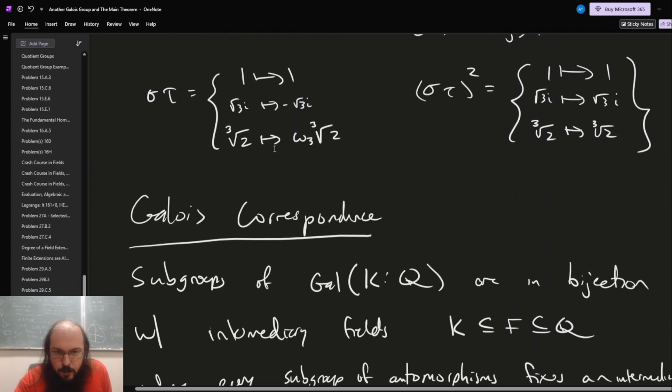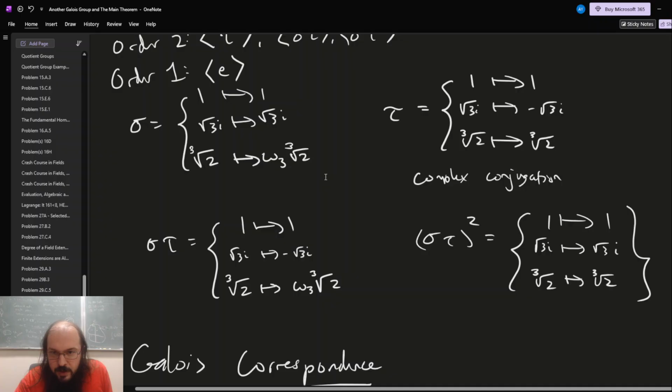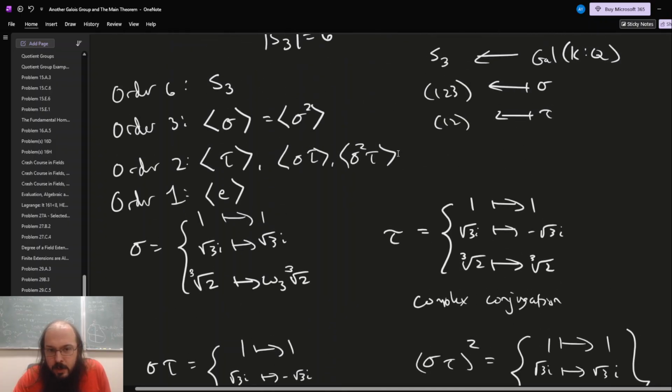So in other words, for each of these subgroups, there is a field of things that they fix. And we can see that. For example, for sigma here, we can see sigma fixes the intermediary field that is generated by square root of 3i over Q. Whereas tau fixes the stuff generated by the cube root of 2. And what the correspondence says is the same is going to be true for any possible subgroup that you can spot.